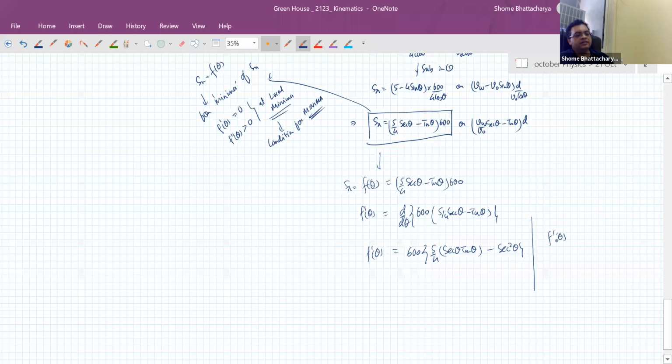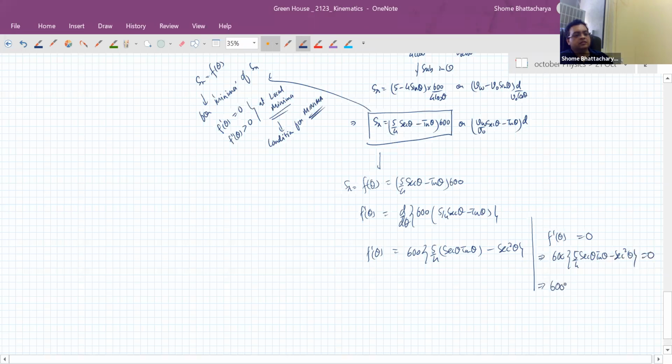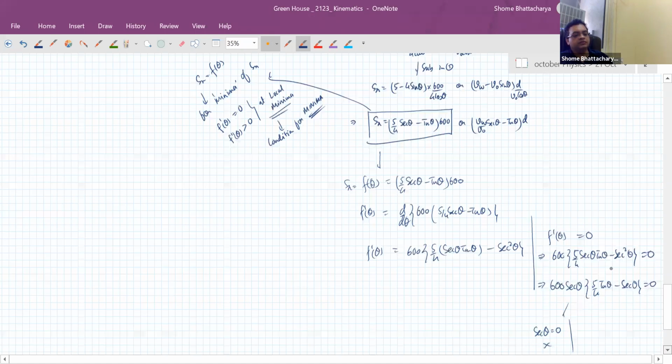So derivative being 0 means that this term should be 0, which means that on factorizing this, one is that sec theta is 0, which is not possible, okay, because sec theta is greater than or equal to 1 or less than or equal to -1 for all theta.